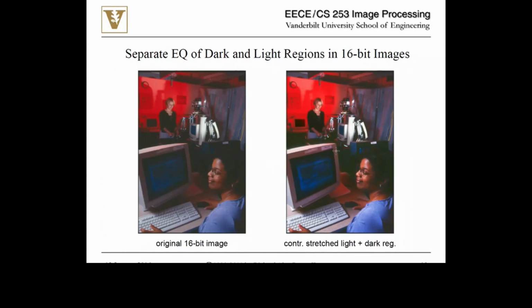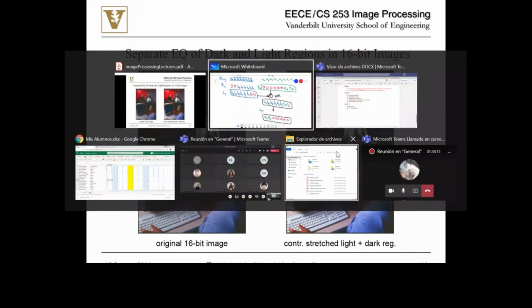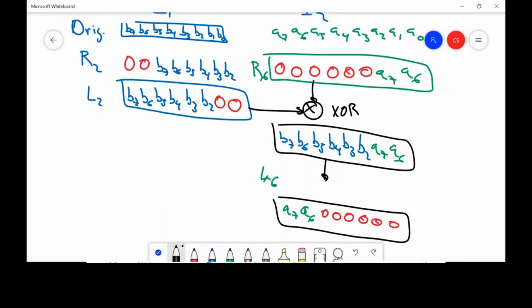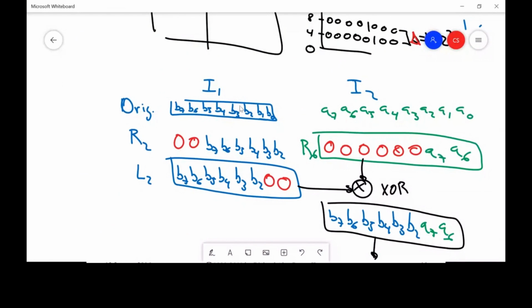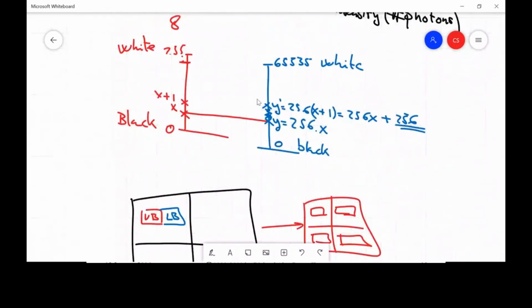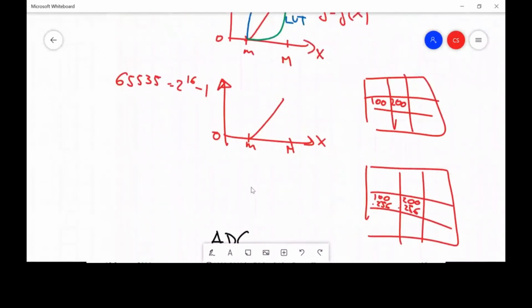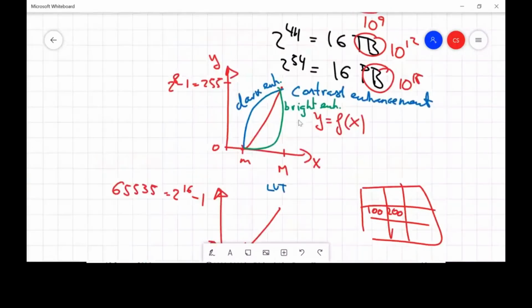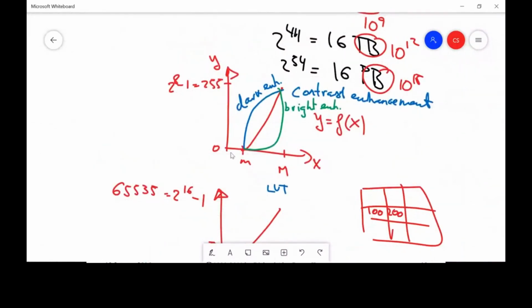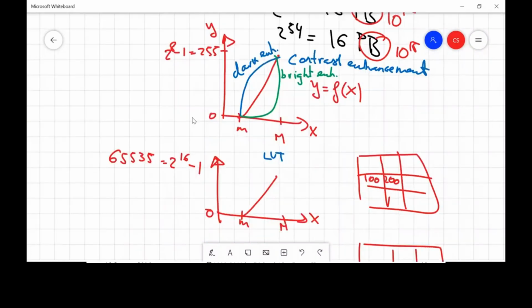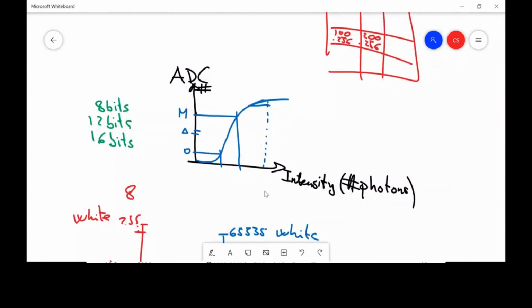So you're not constrained to these lookup tables that we had before. So we have these lookup tables here. You're not constrained to do it on the numbers as they are.